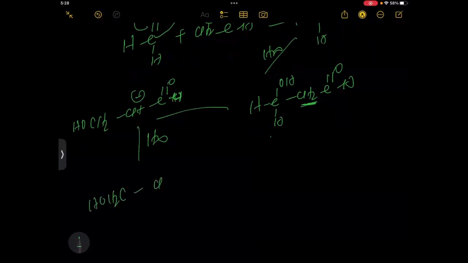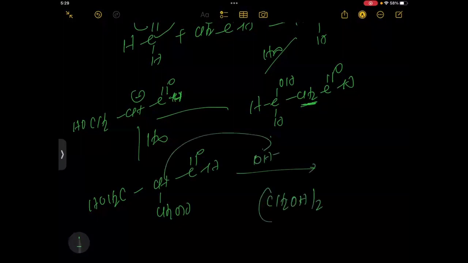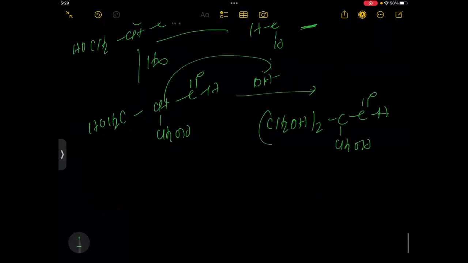Again you take OH, it will attack here and you will get CH2OH twice on C, and then CH2OH 3 times on C, C double bond OH, right?